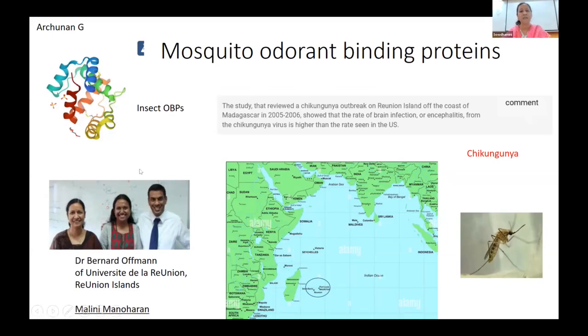Malini will be describing how searching for odorant binding proteins of this nature in mosquito genomes became relevant, because in the Hawaiian Islands there was a huge outbreak of chikungunya virus, and that became Malini's PhD project. So I would like to request Malini to present this third part of our story.